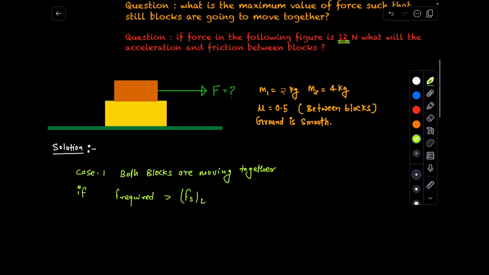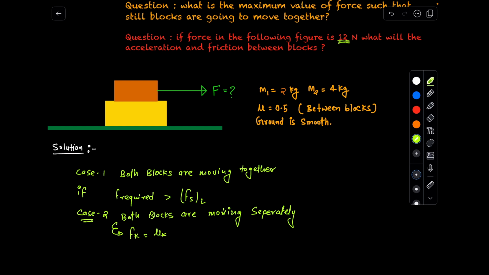In that condition we go to case 2, where both blocks move with individual acceleration, and there will be kinetic friction between them, which is fixed: mu k multiplied by N. Then we can easily calculate this.